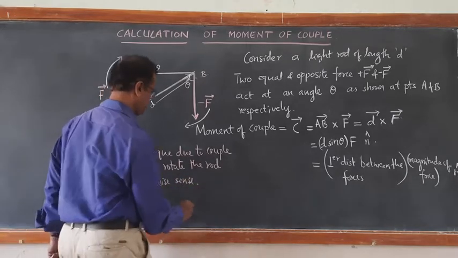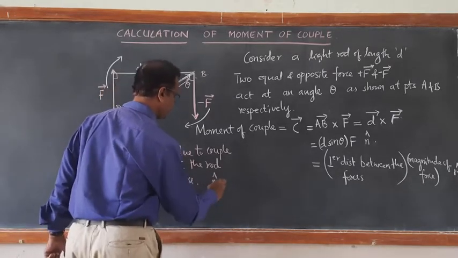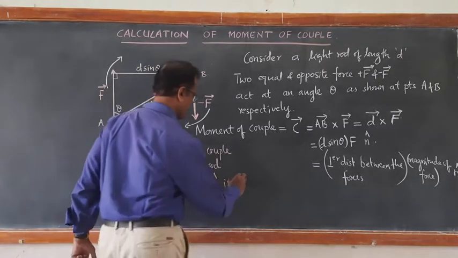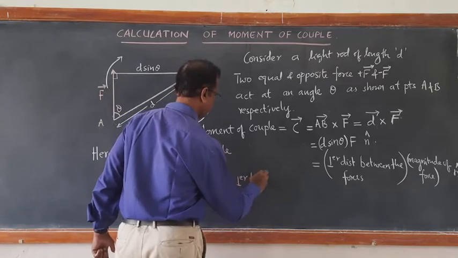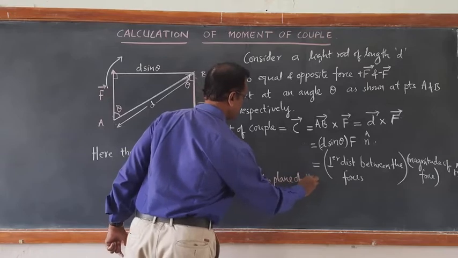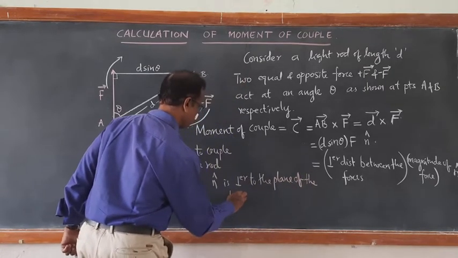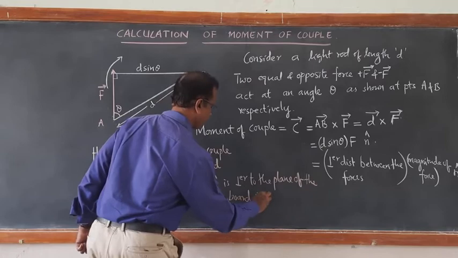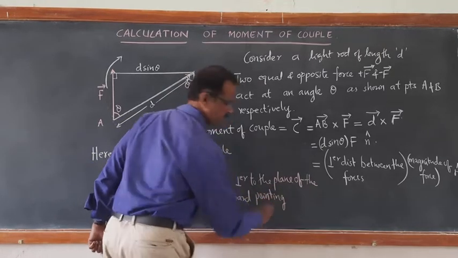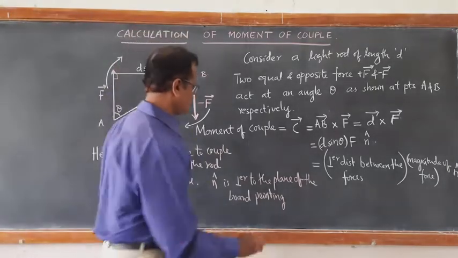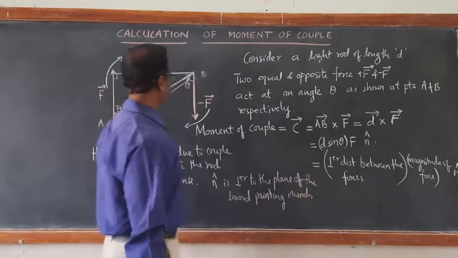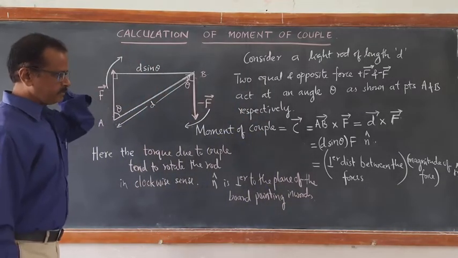Therefore n cap is the direction of couple. N cap is perpendicular to the plane of the board, pointing inwards. So that is clear from the diagram.